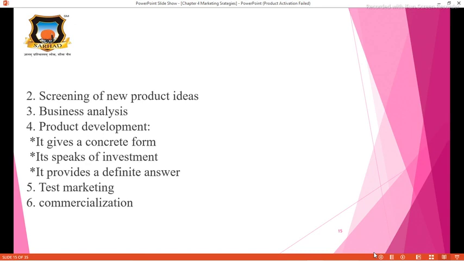This is a very crucial stage, for if a poor idea is allowed to pass through it, it will lead to a lot of wasted effort in terms of time and money. So, this is the stage to shortlist the ideas.